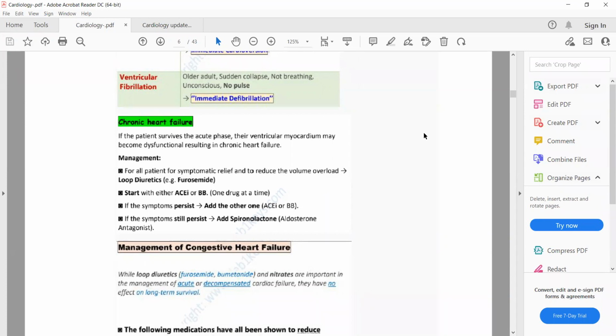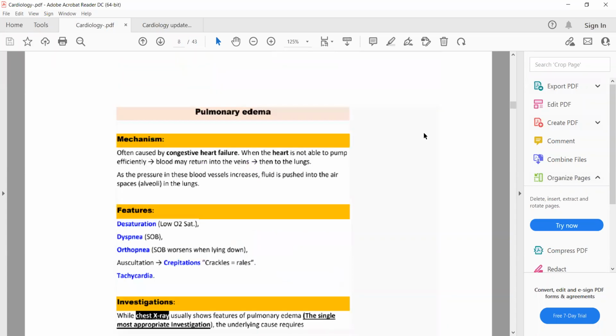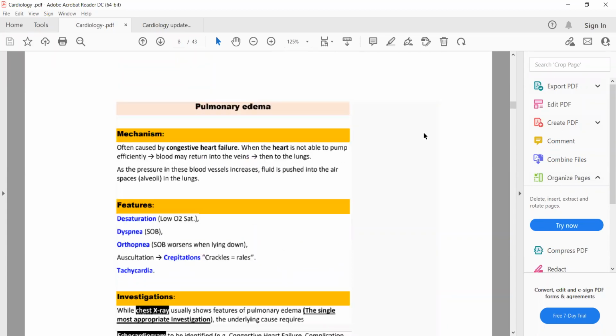Okay, the second immediate complication of MI is acute decompensated heart failure.